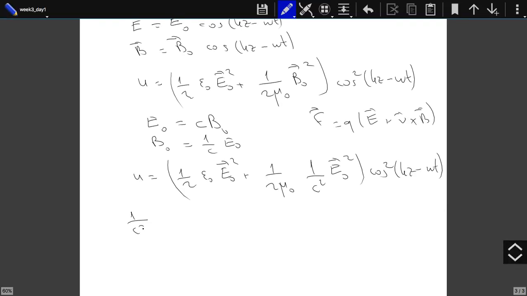Well, 1/C squared is nothing but mu 0 epsilon 0 that we had already derived. So if you just put it over here, the mu 0s will just cancel. So here we would have mu 0 times 1/mu 0 times 1/C squared, which is just epsilon 0. So we have 1/2 epsilon 0 E0 squared.